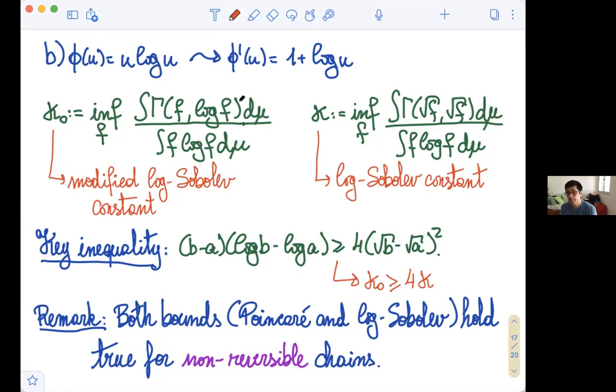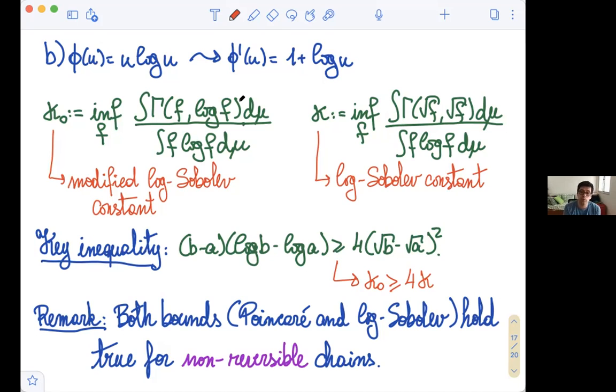So you see that also the log Sobolev constant is slightly better than the Poincaré constant.